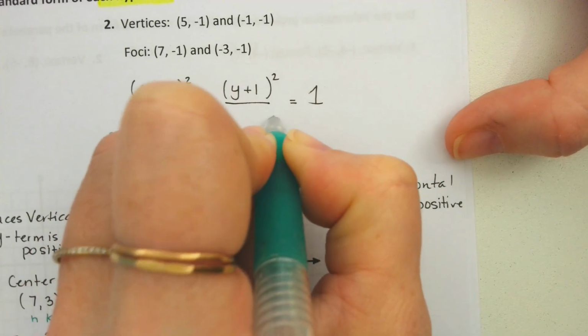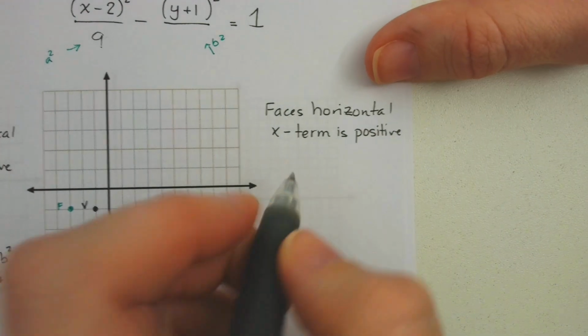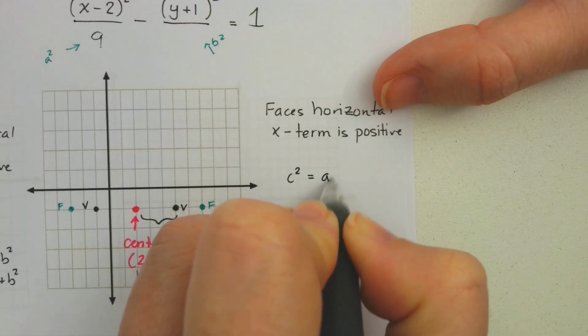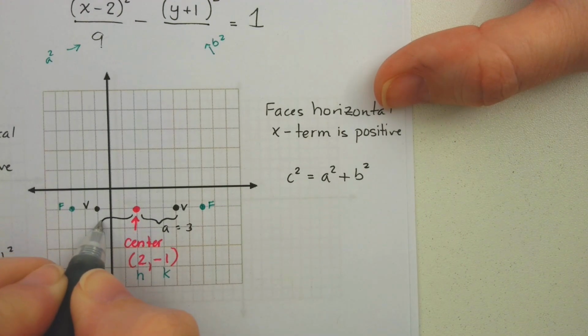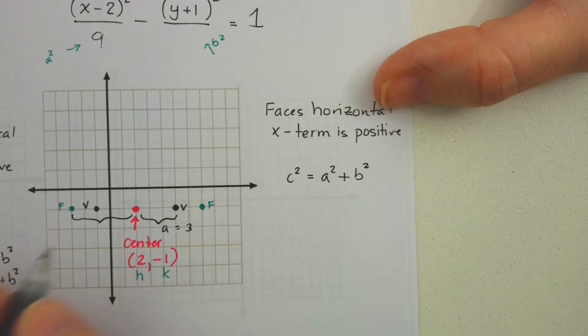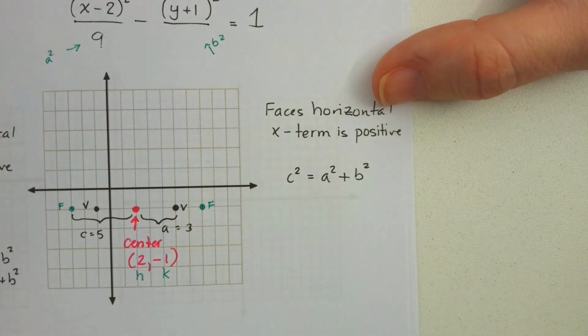The other one will be our b squared. And we'll need to actually calculate that one using our little c squared equals a squared plus b squared. Okay. How much do we count to get from the center to a focus? That would be our c variable. 1, 2, 3, 4, 5. C is 5. Very good.